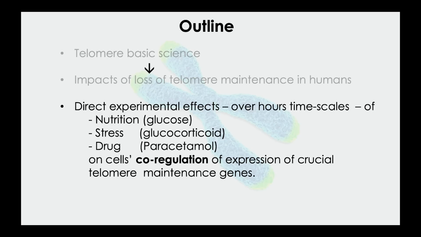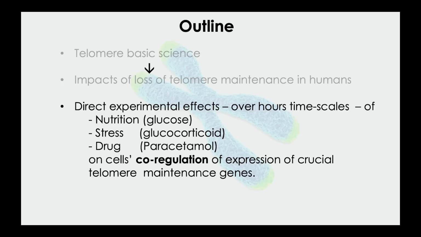Now I'm going to take you through some experiments where people have been looking directly at certain conditions in cultured cells, so they're well matched with an adverse condition and a healthy condition: low glucose being healthy, high glucose the unhealthy condition, or stress hormone.